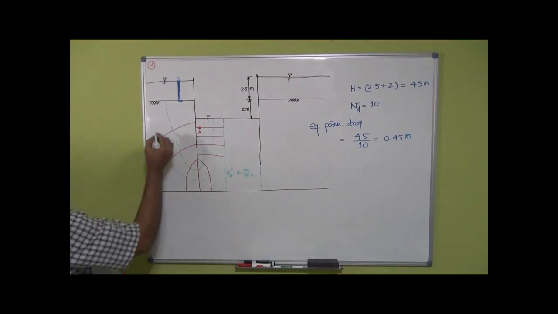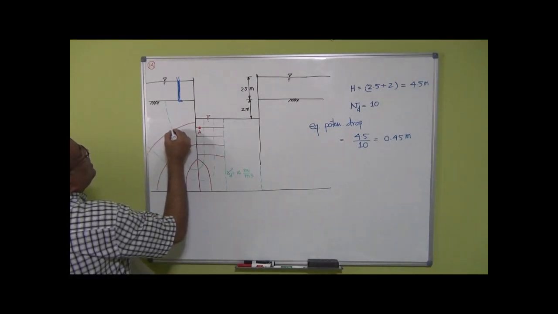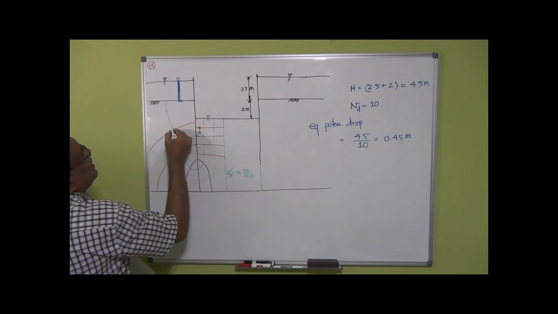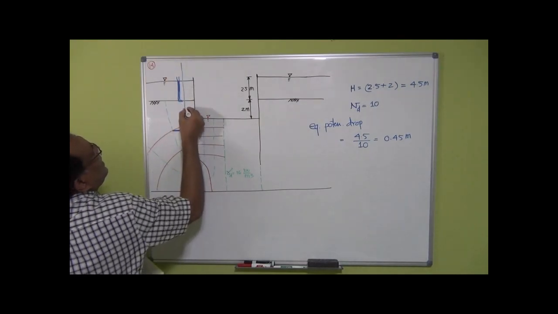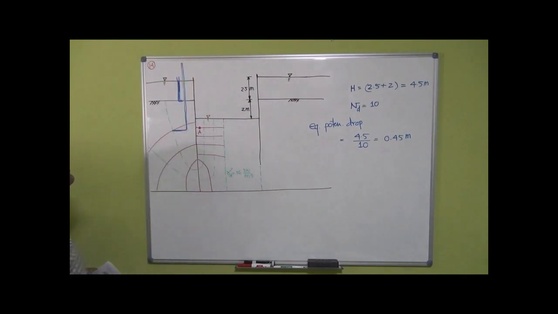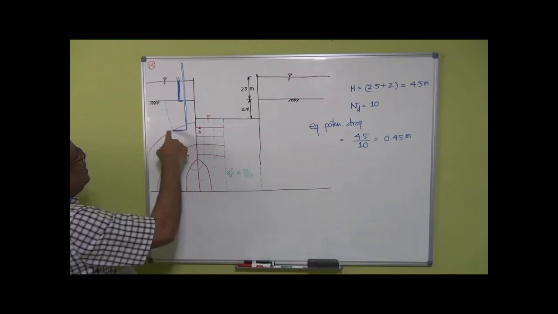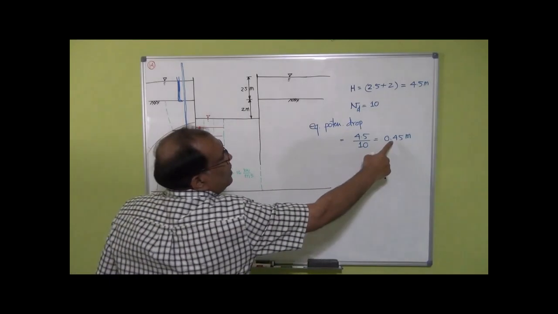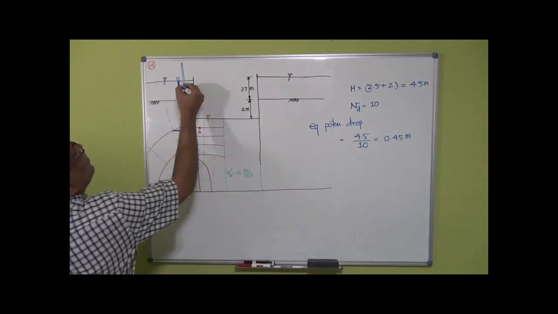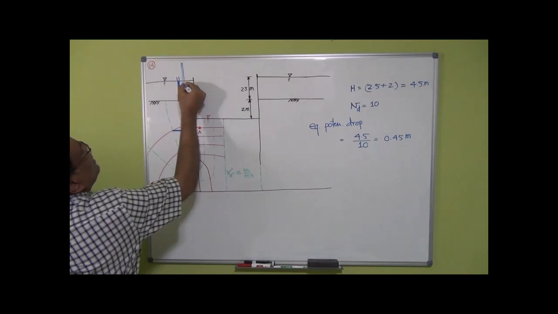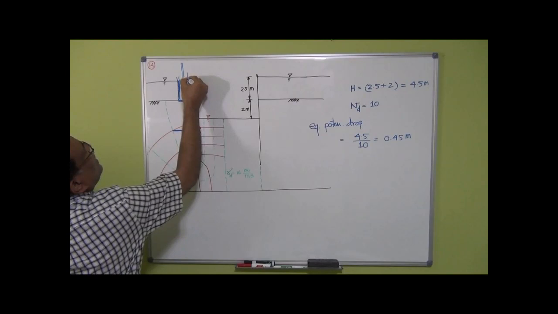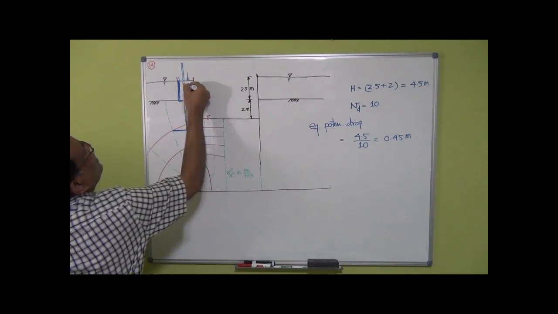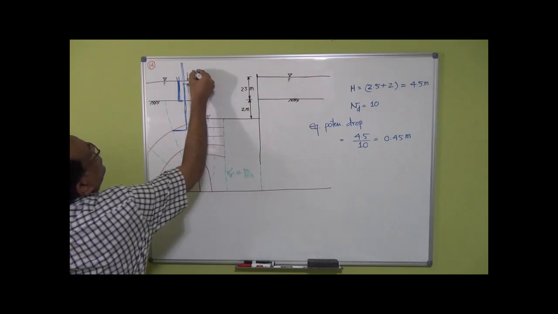Right? Similarly, if I put a piezometer here, you will see a little drop from here to here. How much drop? 0.45 meter. So actually the water will be here. So this one is actually 0.45 meter.